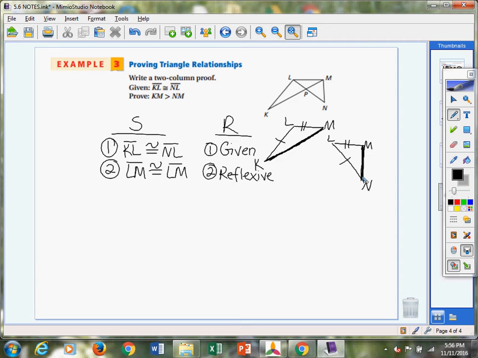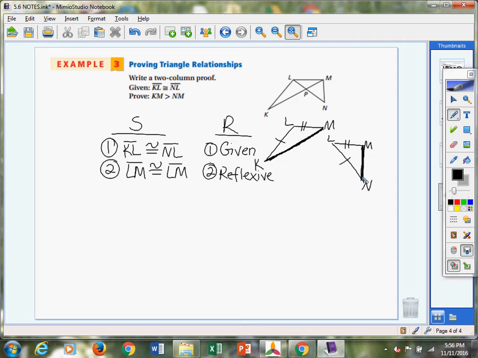So what I would probably do next, and we'd have to go back to the original figure to see this because I did separate it out. I like separating it out for obvious reasons so I can mark up what sides are congruent.